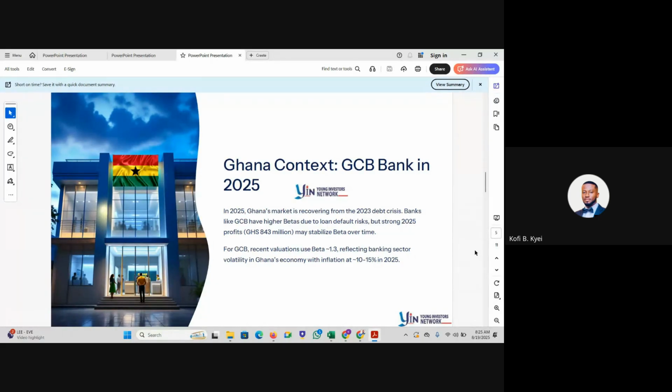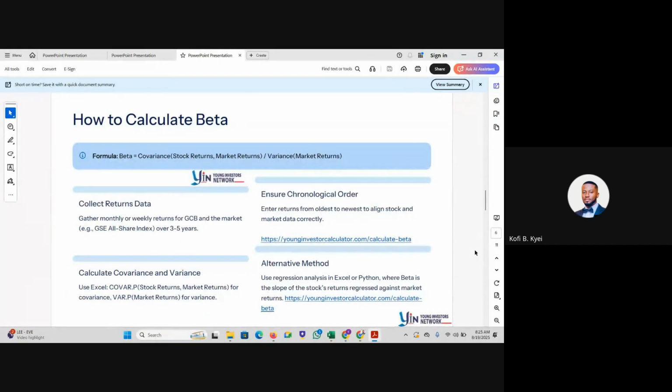Even though strong 2025 profits may stabilize beta over time, it is not expected that profits will continue rising hugely like that. For GCB, the recent valuation uses 1.3, reflecting banking sector volatility in Ghana's economy, with inflation very high, between 12 and 15%.